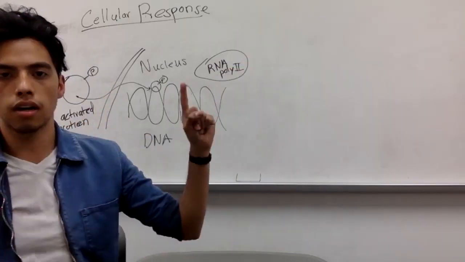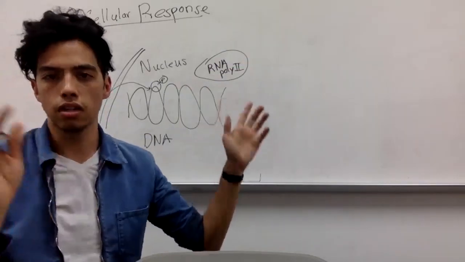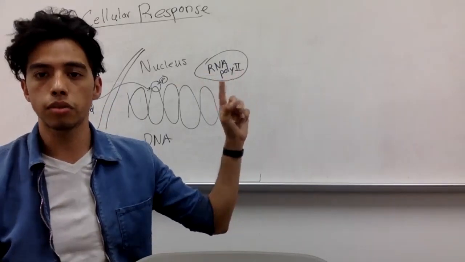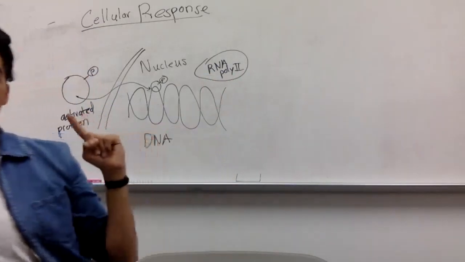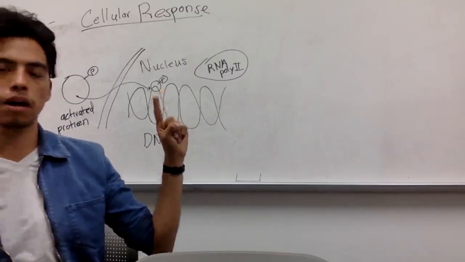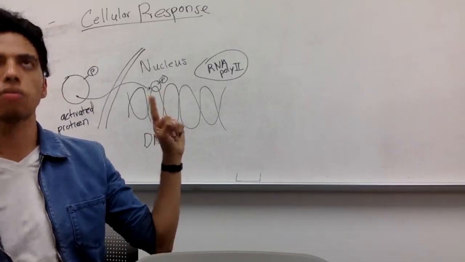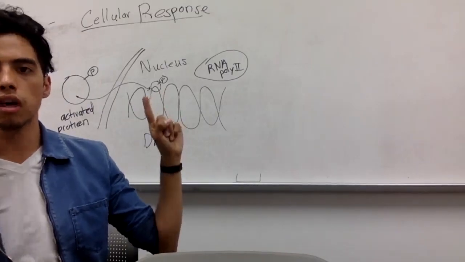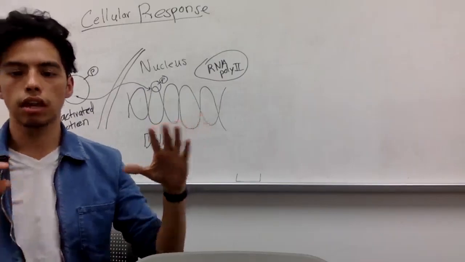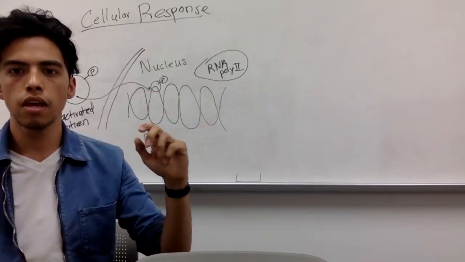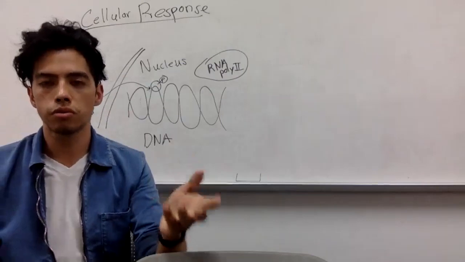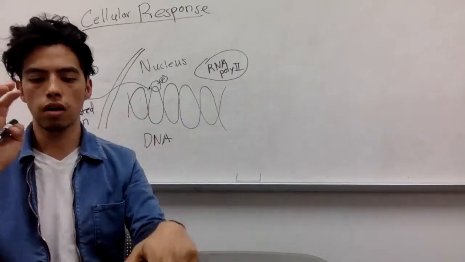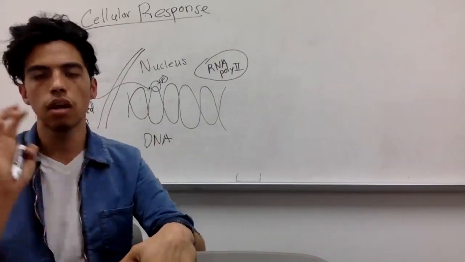We're going to work with a eukaryotic cell. That's why I said RNA polymerase 2. But basically, this activated molecule is going to come in. It's going to bind to the promoter, and it's going to act as a certain transcription factor, right? Well, what do transcription factors do? That's what we talked about in exam 2 stuff.